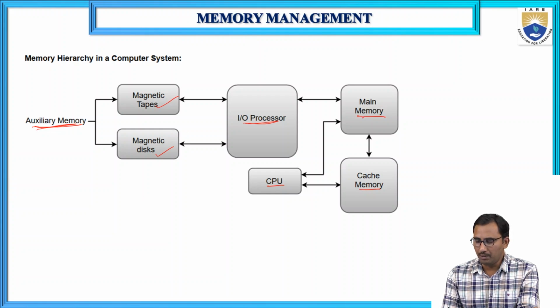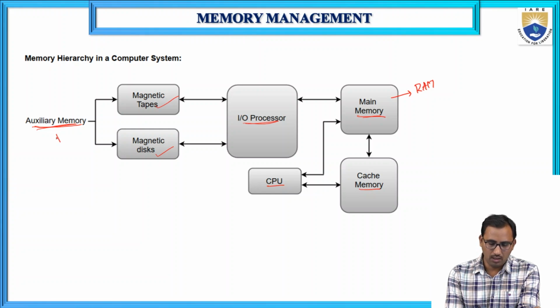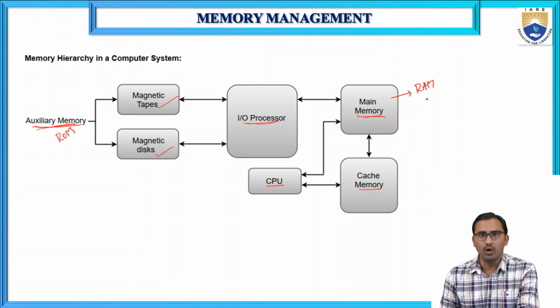After that, main memory. The RAM can be treated as main memory, and the secondary memories are the ROM memories. Main memory is a volatile memory, because if the power fails, then the data stored in the main memory gets erased.